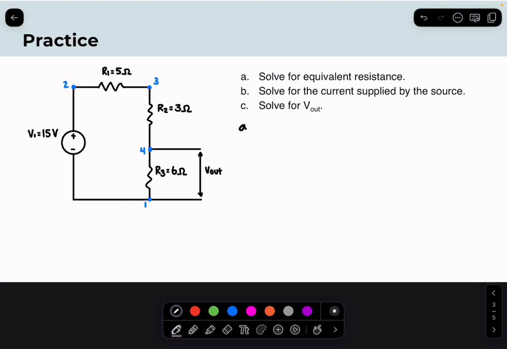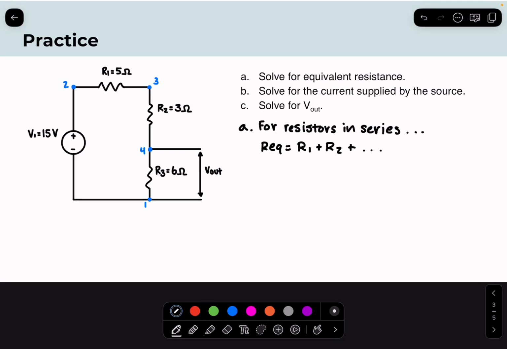Starting with step A, we're looking for the equivalent resistance of the circuit. We know that for resistors in series, the equivalent resistance is going to be the sum.